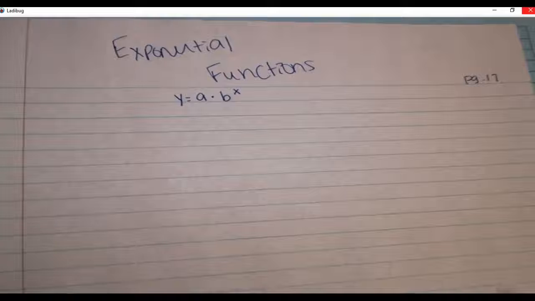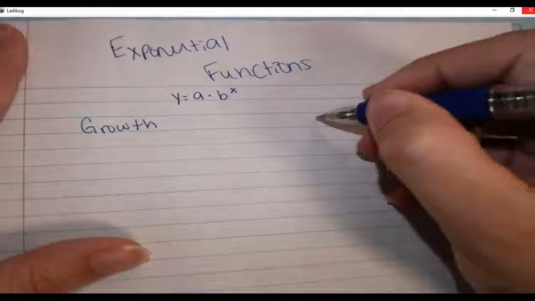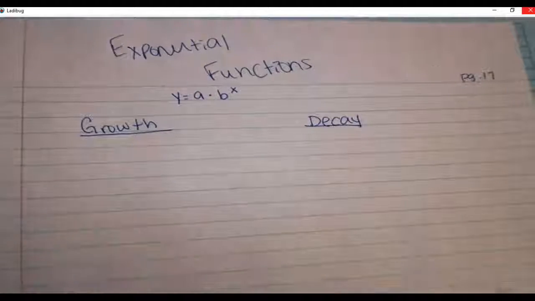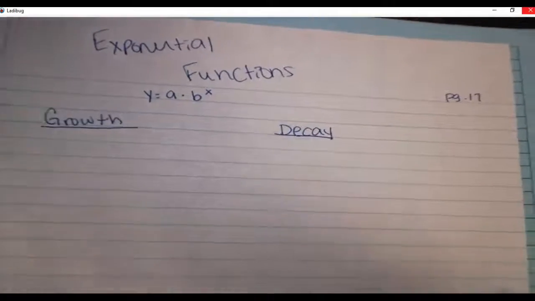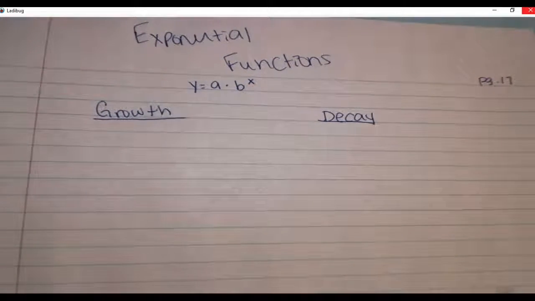So A tells you your y-intercept, and B is your rate, whether it be growth or decay. So let's look at if it's growth or decay. Okay.